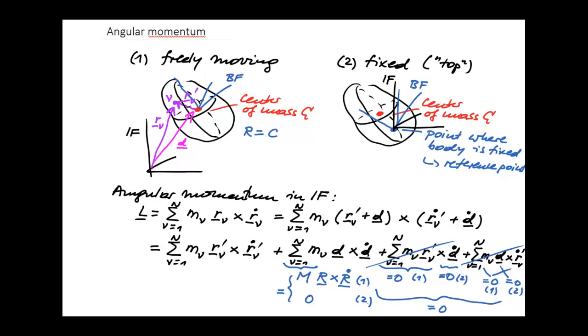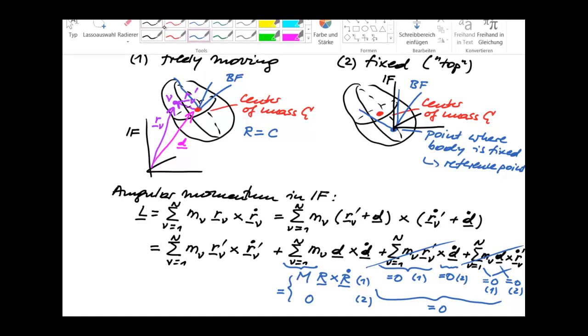In the first scenario, this can be regarded as the angular momentum associated with the motion in space of the center of mass. It is the angular momentum that the body would have if its entire mass was concentrated in a point at the location of the center of mass.